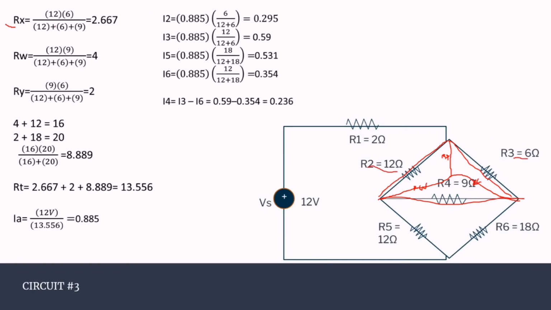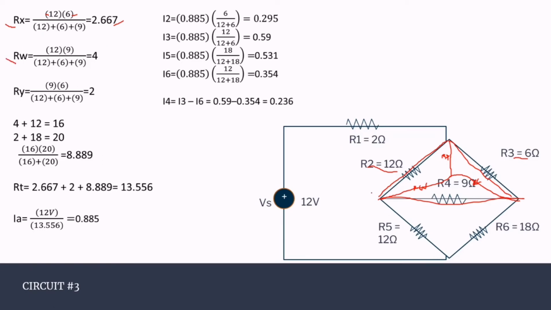So R2 is equal to 12 ohms and R3 is equal to 6 ohms. So 12 times 6 over the value of R2, R3, and R4, 12 plus 6 plus 9, we're going to have 2.667 for our RW.